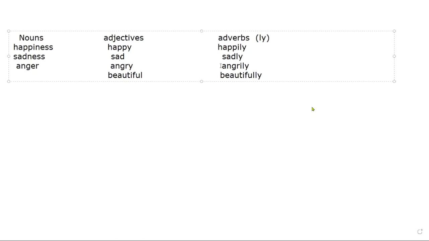That is why it's an adverb, because it's after the verb. So for example, and they live happily ever after. And the girl cried sadly. And he smiled, and he looked at me angrily. And she sang beautifully, because the adverb comes after the verb.